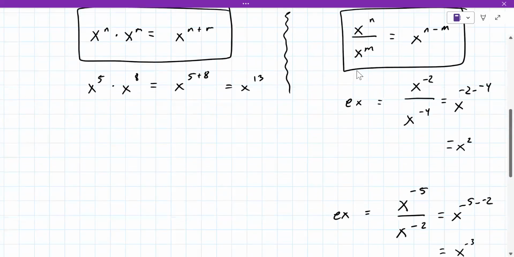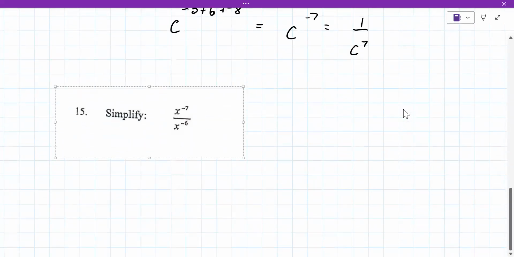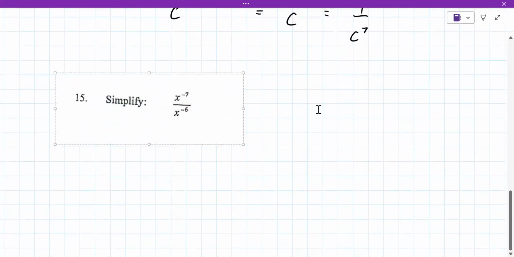Because you're dividing, you subtract the exponents. Okay, so you have to deal with some negative signs. That would be x, 1 over x. Is that it? Just 1 over x? Yes, that is correct. Good.